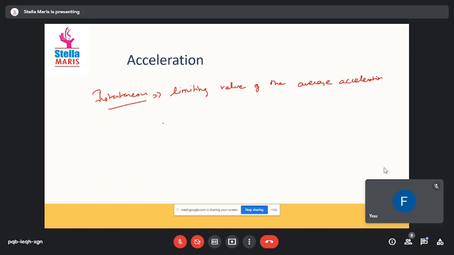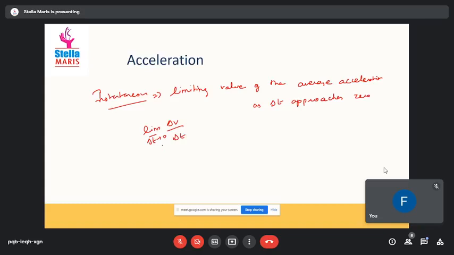So what is average acceleration? Del v by del t. So for this we are applying the limiting value of the average acceleration as time interval del t approaches 0. So as del t approaches 0, we are taking the limit of the average acceleration.